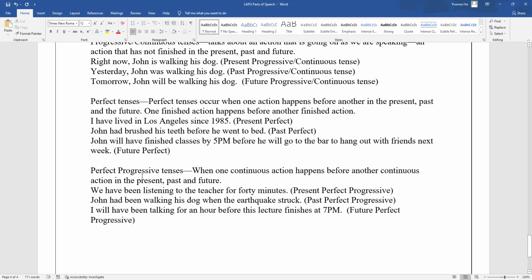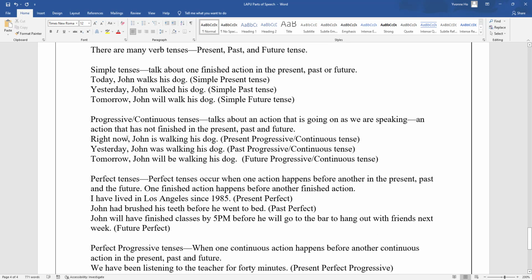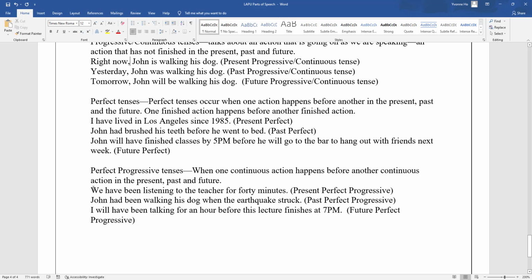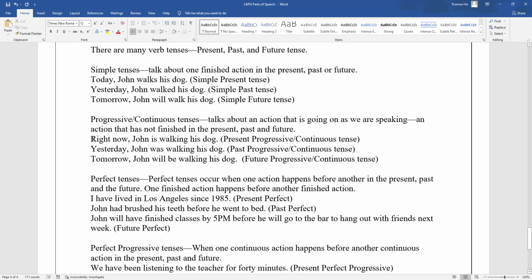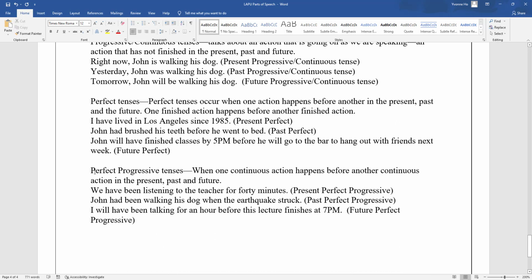And then everybody's asking, well, isn't that what progressive tenses are? One continuous action before another continuous action? What's the difference between progressive tenses and perfect progressive tenses? When I used to teach face-to-face, it would take hours just discussing all the subtleties, because face-to-face you have more interaction and more time.